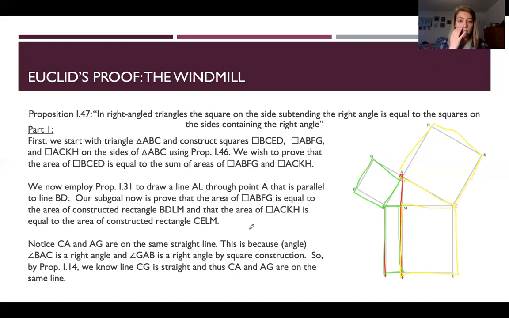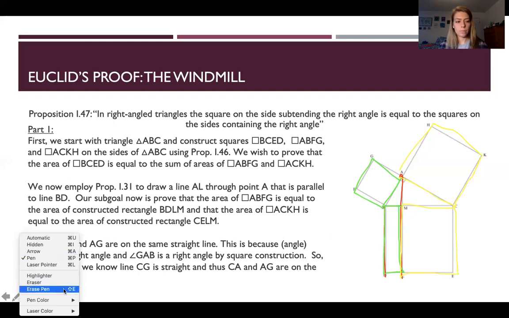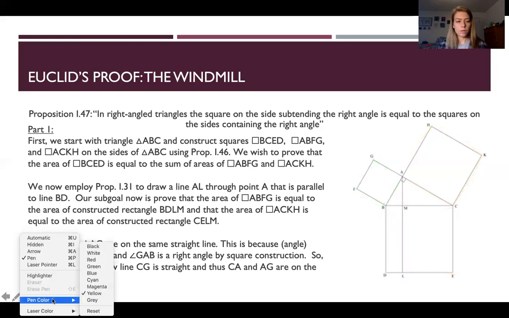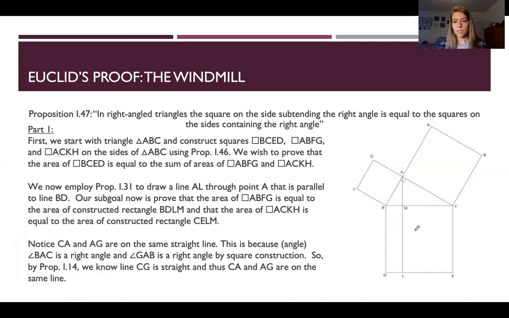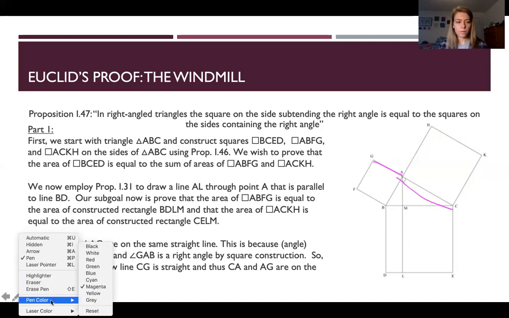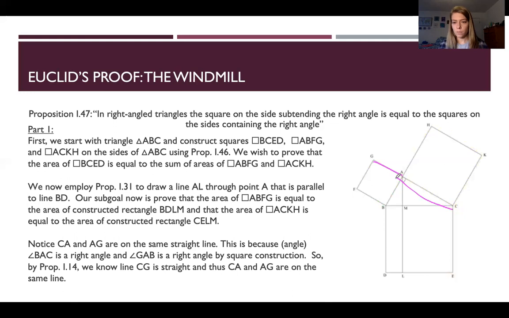So now he notices that CA and AG are on the same line. He notices that CA and AG are on the same line. And this is because angle BAC right here is a right angle by our construction, by the right triangle we made.